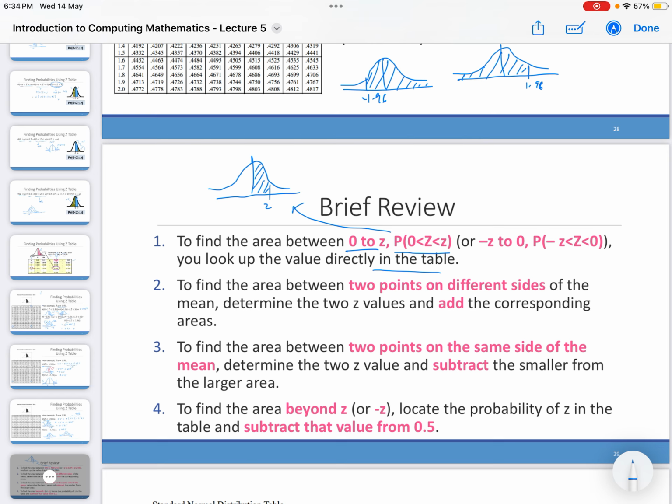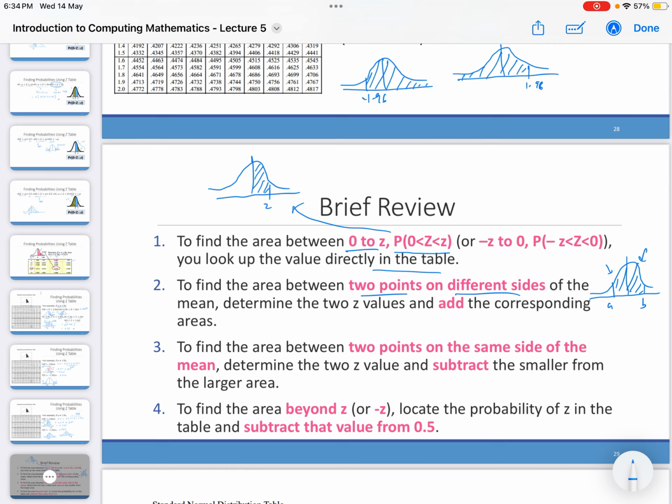Okay, number 2, to find the area between 2 points on different sides of the mean, determine the two values and add the corresponding areas. So we have A and B on 2 different sides. Okay, and then this one, we can look directly from the table.